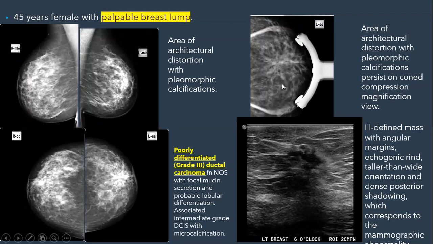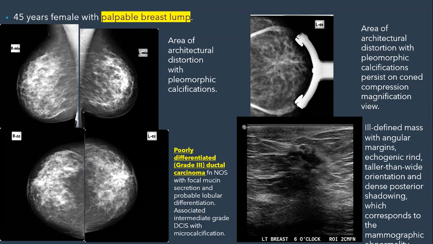On spot magnification, the architectural distortion is proven along with pleomorphic calcification, and here on ultrasound, an indistinct mass with angular margin, deeply hypoechoic with posterior shadowing, more suspicious though it's small, and biopsy revealed poorly differentiated grade 3 ductal carcinoma.